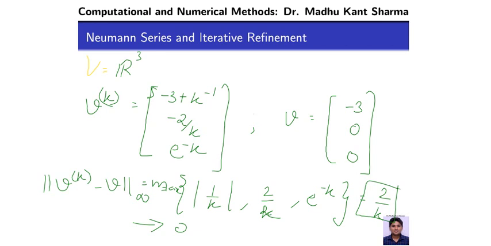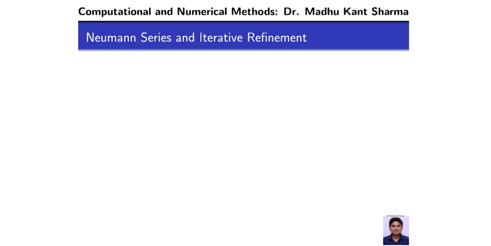Now similarly you can also define the Cauchy criterion on a finite dimensional vector space. If V is infinite dimensional, whether things remain true or not, you can understand by the following example. Let's take an example of an infinite dimensional space.